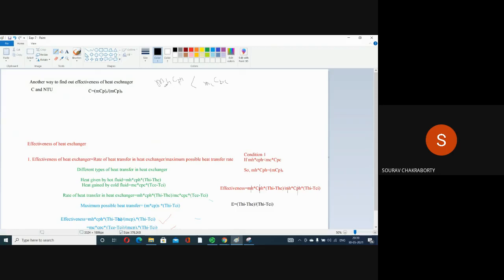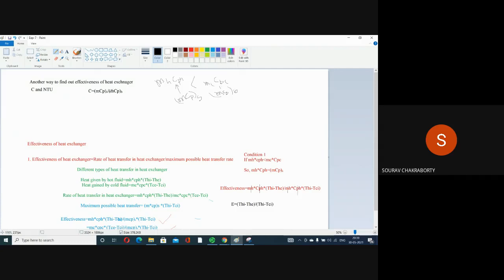Okay, MH, the product of this one is smallest as compared to this one. So what will happen? MCPS will be equal to this one, and MCPB will be equal to this one.